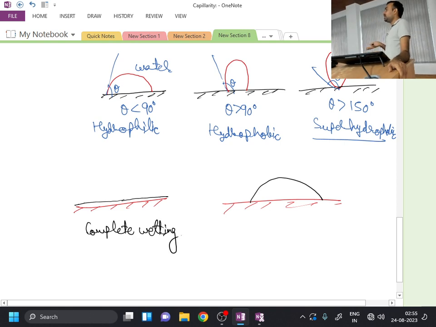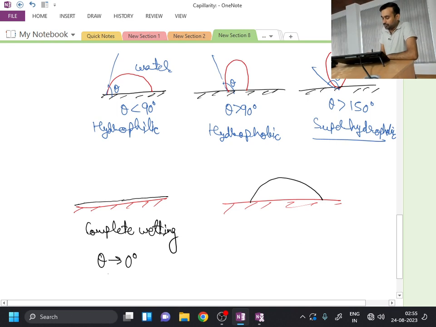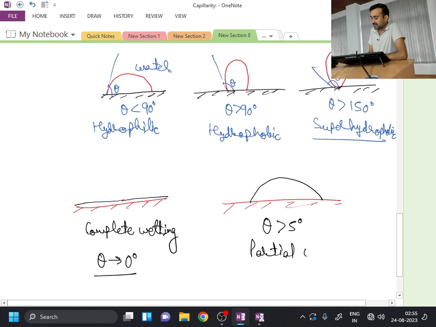So typically if you drop a water volume over a glass surface, you will find almost a complete wetting situation, and theta will be approaching almost 0 degrees. Okay, and when theta is greater than 5 degrees, not very small, then we call it the situation of partial wetting.